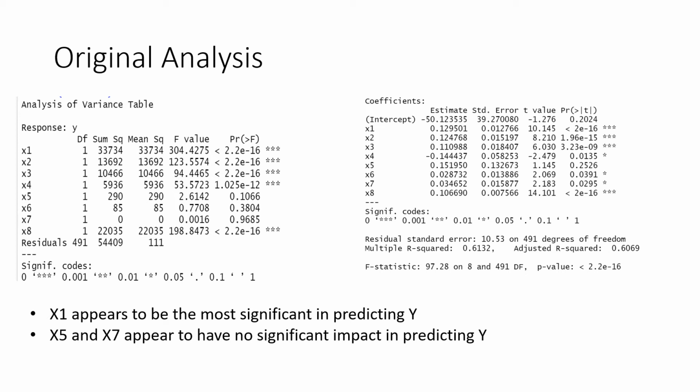After evaluating these tables and their p-values, I found that X1 seems to be the most significant in predicting Y, and X5 and X7 appear to have no significant impact on predicting Y.